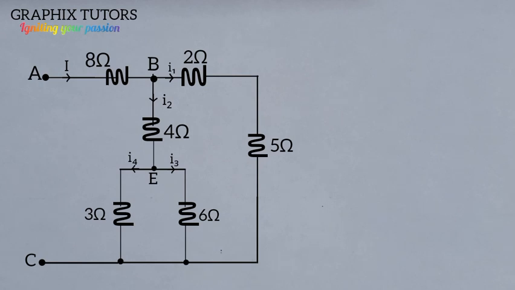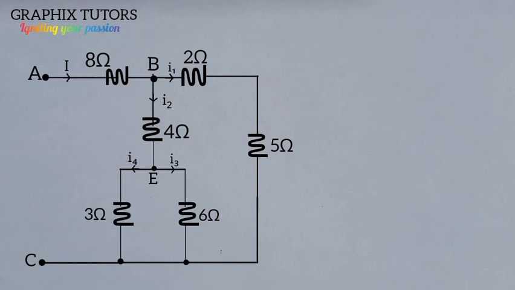Now, if current flows through A, as in through the terminals, let's call it I total. It will get to point B, and when it gets to point B, it will split. Let's say I1 will go through this direction and I2 will go through this direction. We're assuming, right?